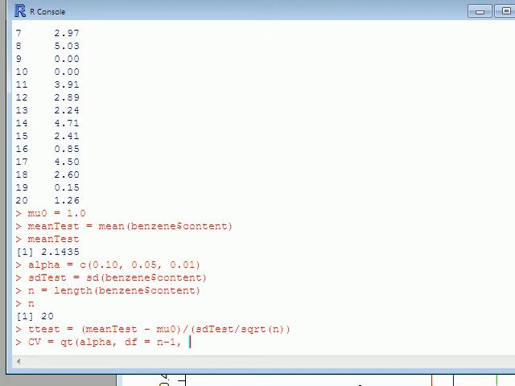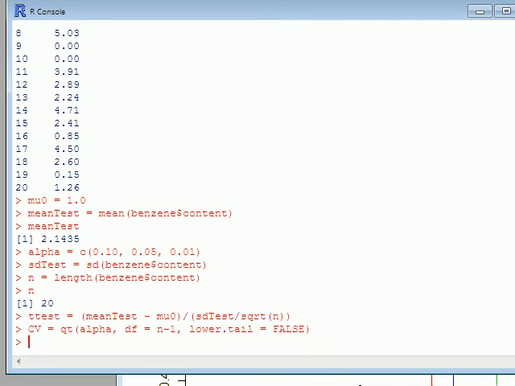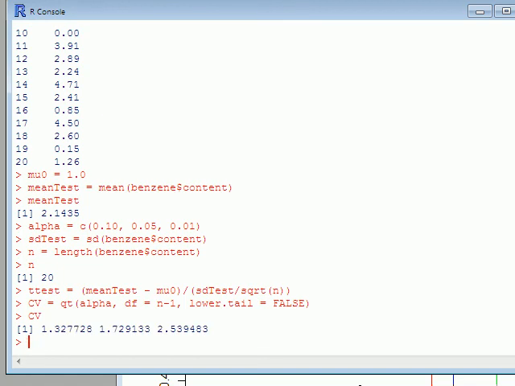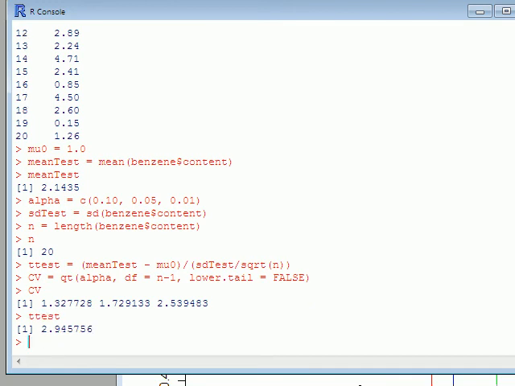And it looks like this is a right tail test, so I want lower tail equal to false. Okay, so what do I get out? Here are my critical values, and what was my t-test value? Well, from this it looks like that t-test value is more extreme than any of the critical values, so the null hypothesis would be rejected.